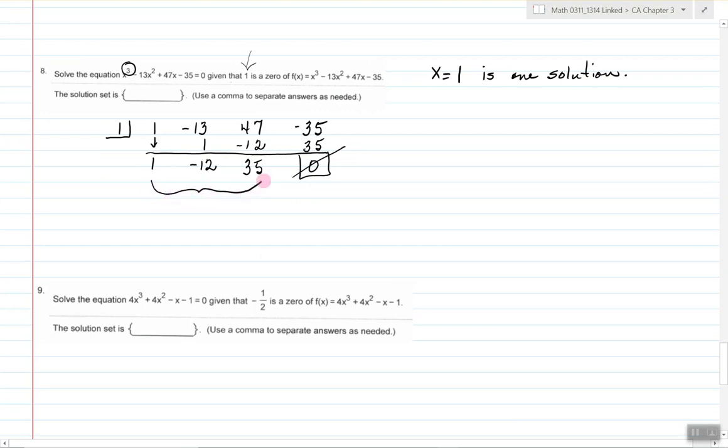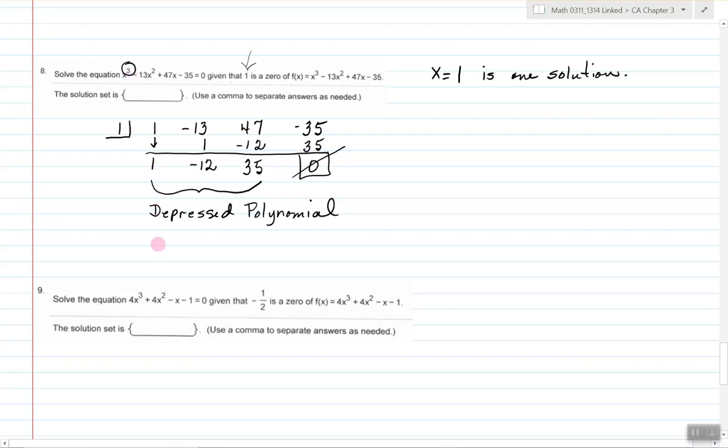Now these numbers represent the coefficients of the other factor, and they also represent the coefficients of what is known as the depressed polynomial. It is depressed by 1 degree. The original was x to the third.